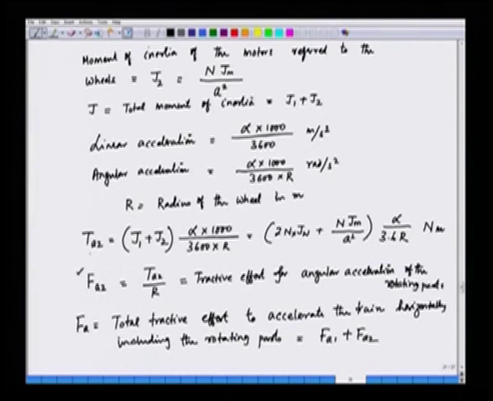So, FA2 is important because FA2 is a component of the tractive effort which has to be spent to accelerate the rotating parts like wheels, the motors and so on.